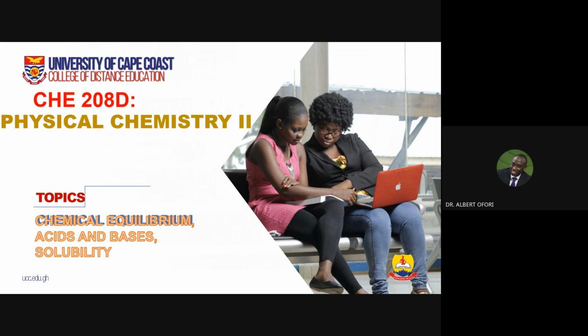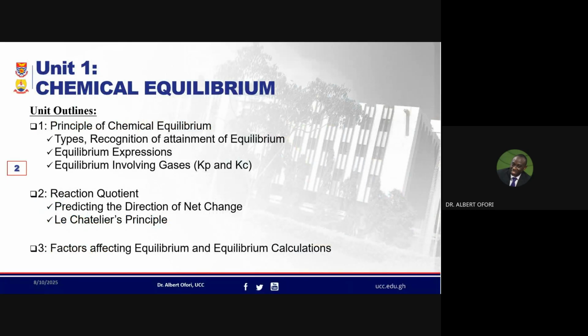So we want to look at that chemical equilibrium. I'll also split it more. We'll look at what this chemical equilibrium is at all. We can build it up from chemical reactions to where we establish equilibrium in the chemical reactions. We'll look at some types of equilibrium that we can obtain.